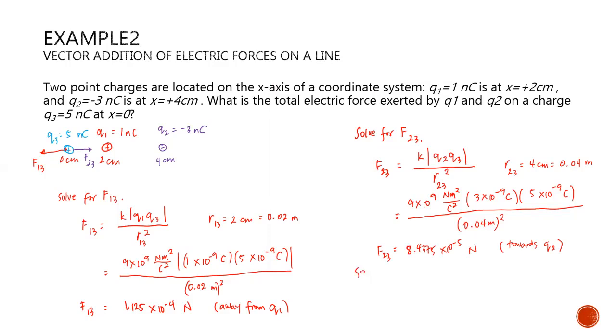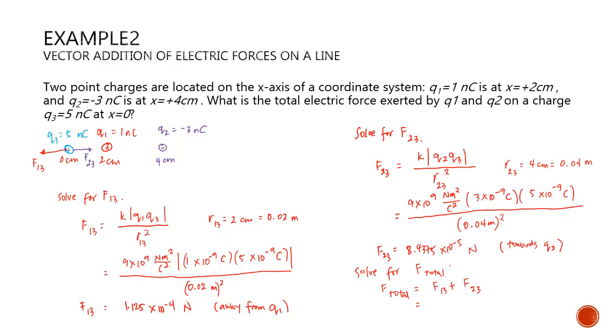So solve for F total. F total would be the summation of F sub 1, 3 and F sub 2, 3. They are just located on the same axis, so you just add them algebraically.